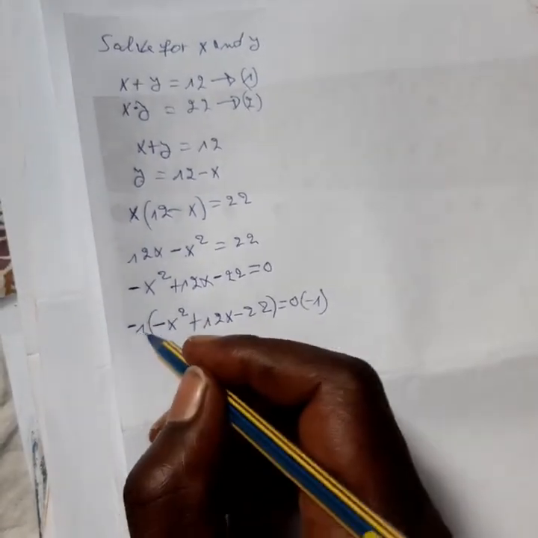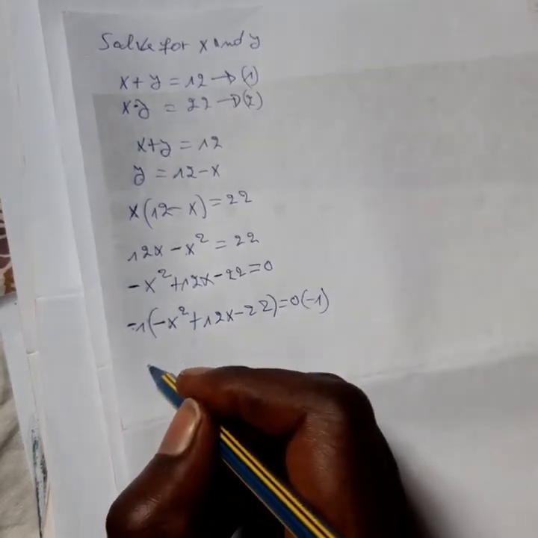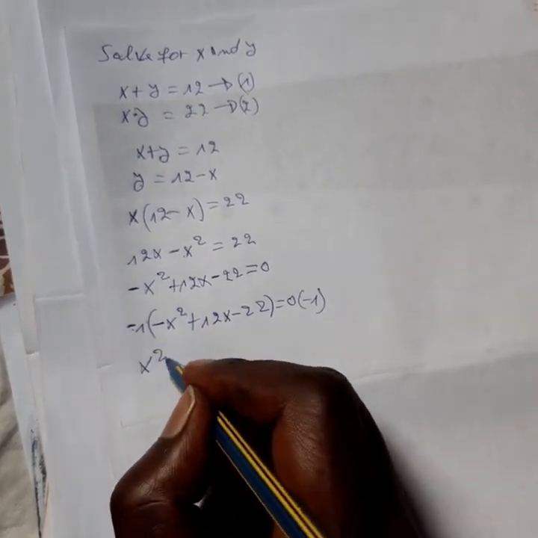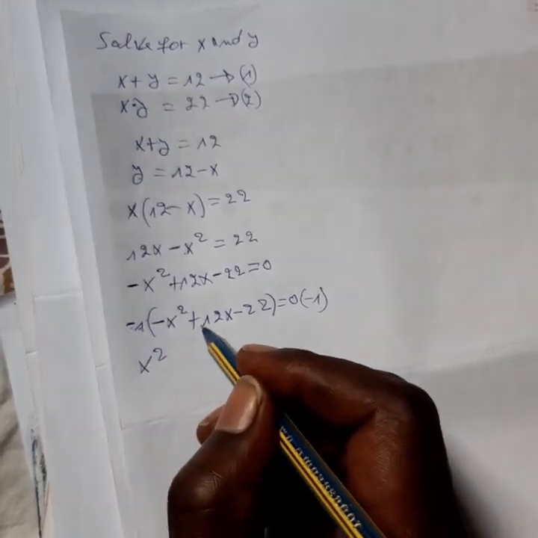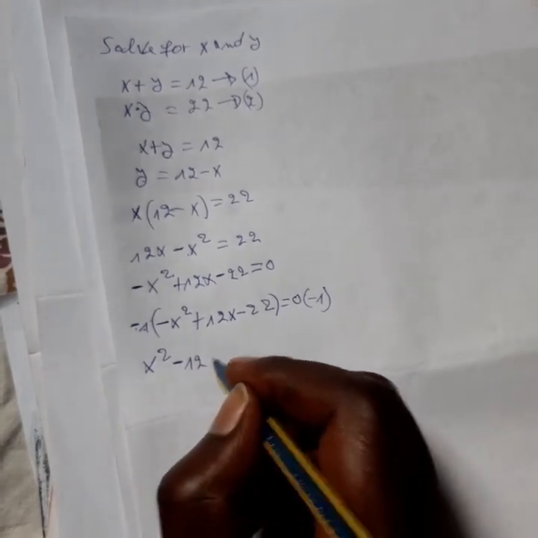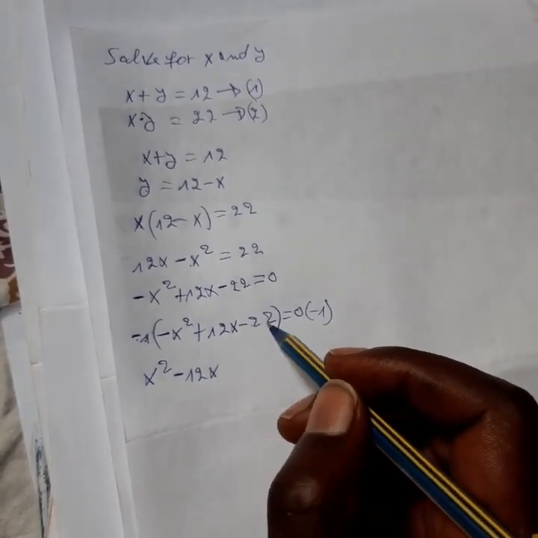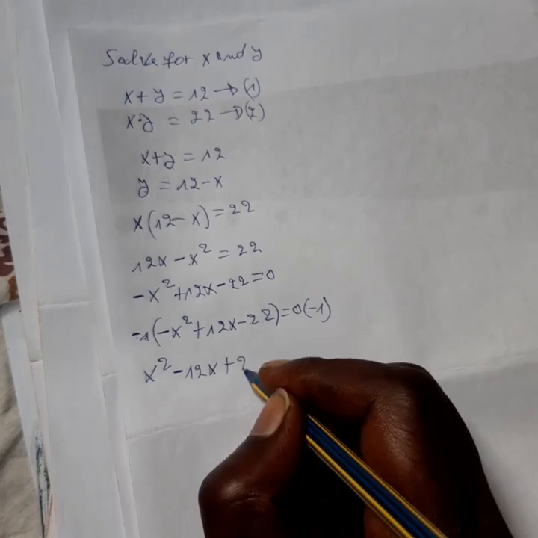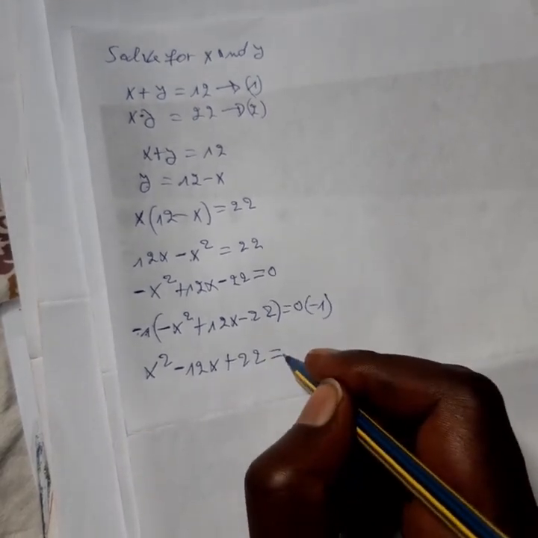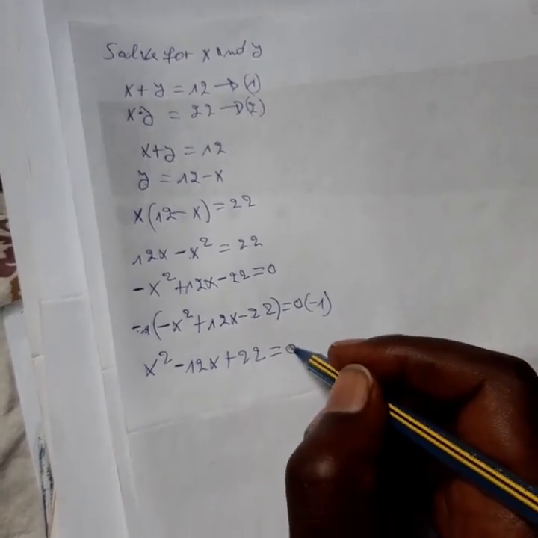Negative 1 times negative x squared gives positive x squared. Negative 1 times 12x gives negative 12x. Negative 1 times negative 22 gives positive 22. It will be equal to 0 times negative 1, which is 0.